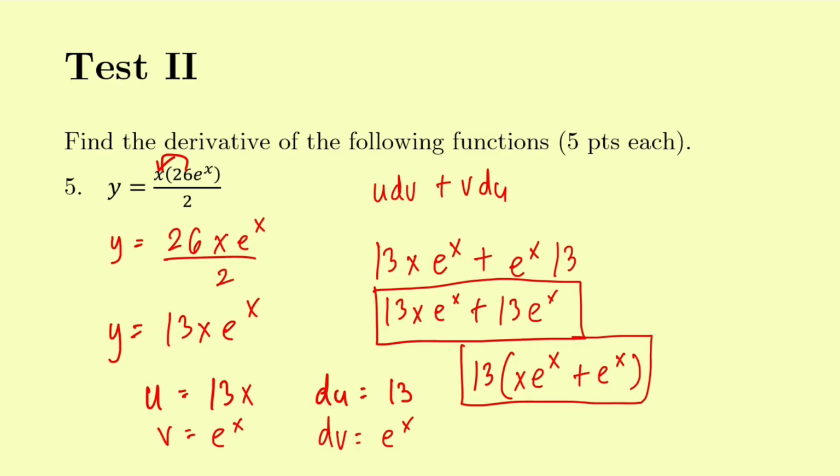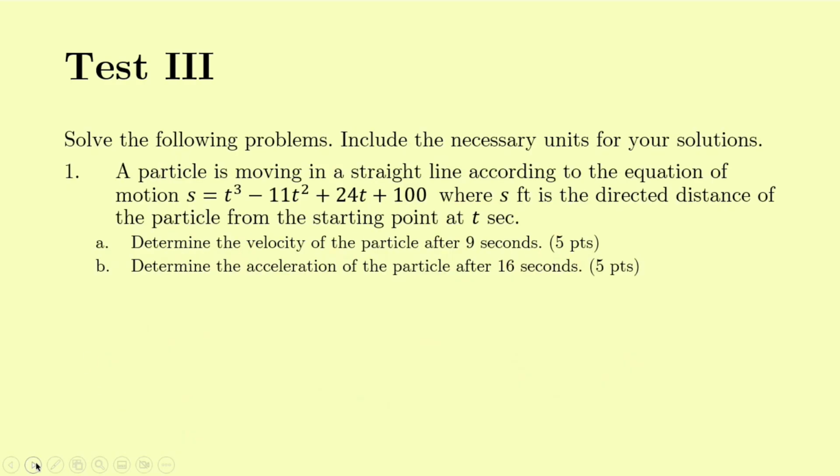Okay, we're down to our last item, for test 3. This one is a very easy application of derivatives. There are lots of applications of derivatives. We have rate of change in volume, surface area, etc. But we were only able to touch the concept of motion, velocity, and acceleration.